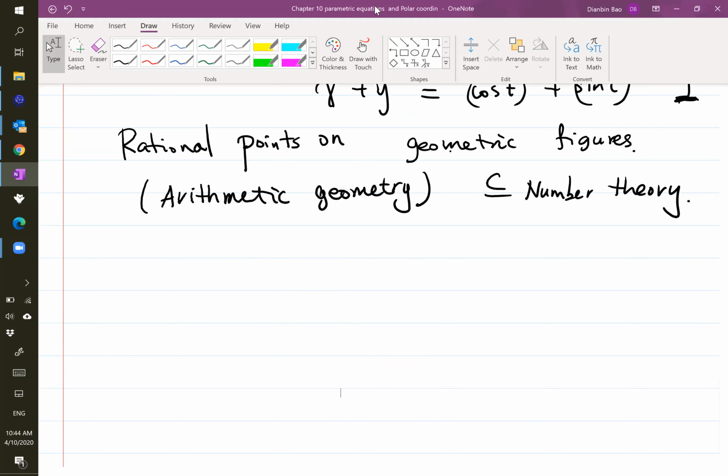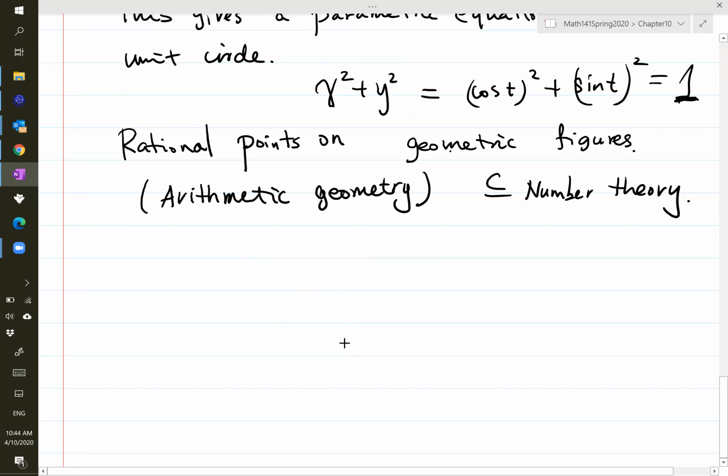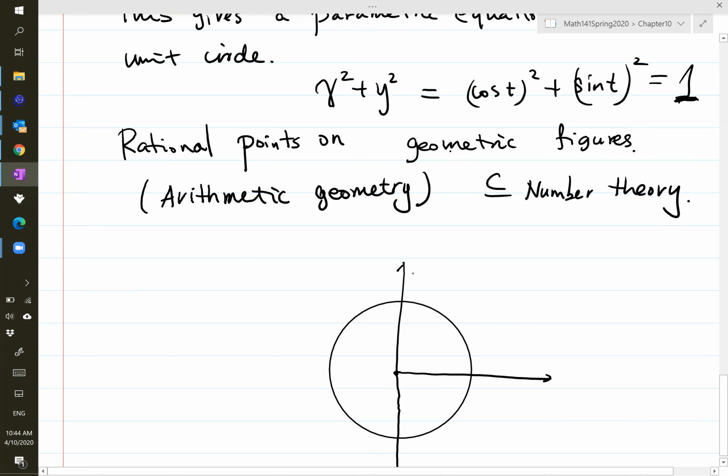Suppose we have a circle. How do we find a rational point on the circle? First of all, we have (0, 1), (1, 0). This is trivial; this is called a trivial rational point.